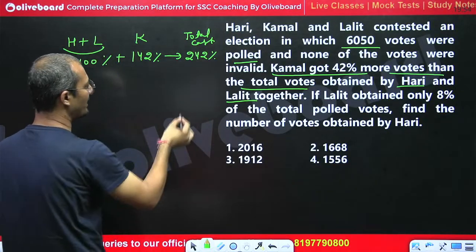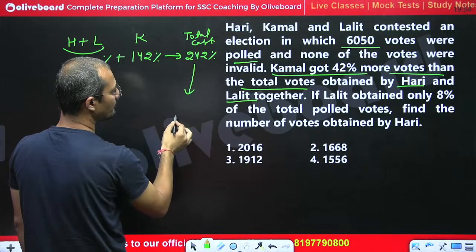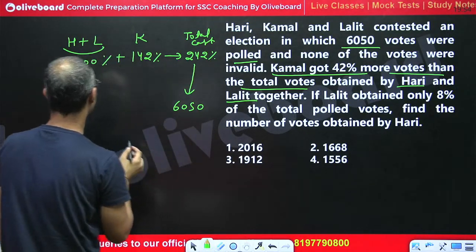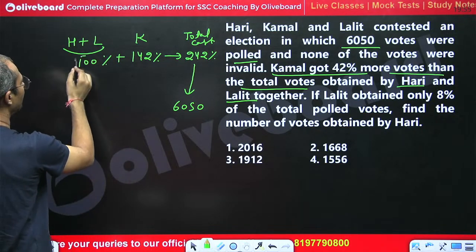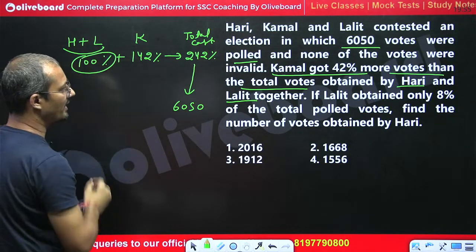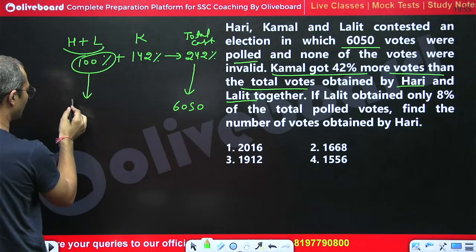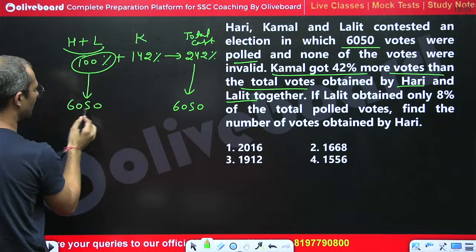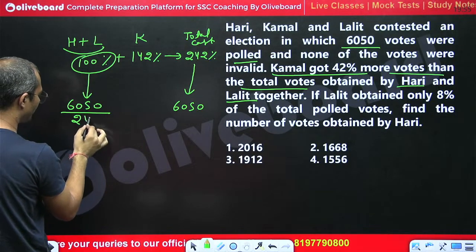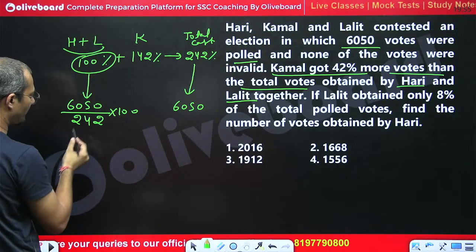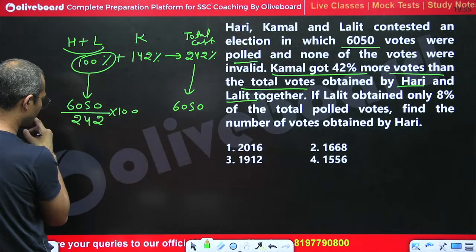So we can say that 242% is equal to 6050. Now we have to calculate the vote received by Hari and Lalit. So this is 100%. So the value of 100% would be 6050 divided by 242 into 100. Is this clear? So we have to calculate the value of this.